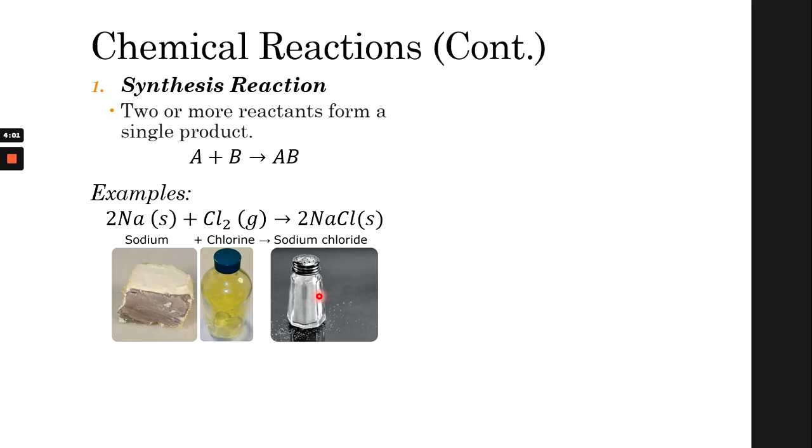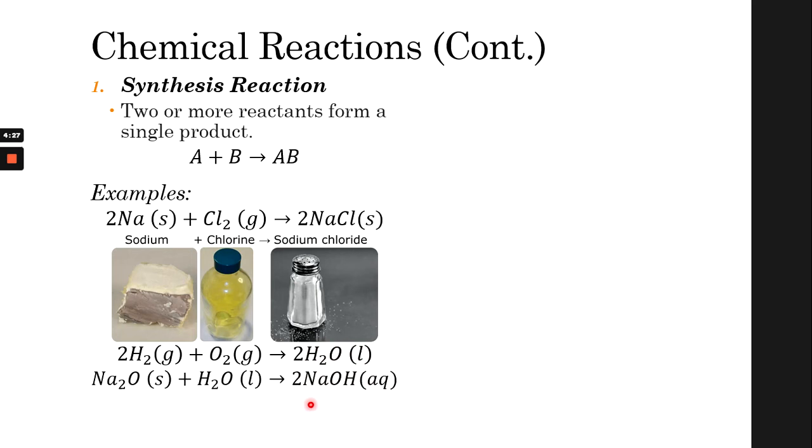This is an example of a synthesis reaction because we combine sodium and chlorine together to create a single product called sodium chloride. Another example is when we have 2 atoms of hydrogen and 1 atom of oxygen. This combination creates 2 molecules of H2O, or water.